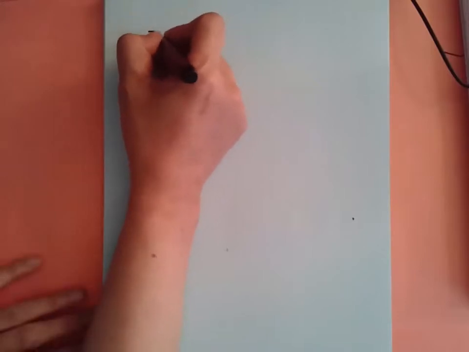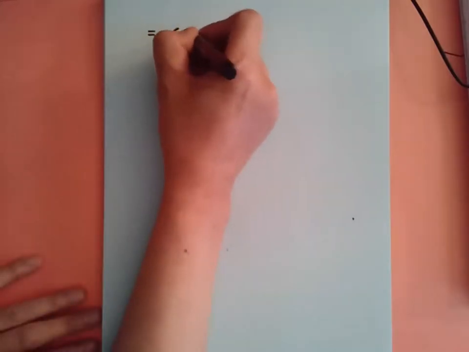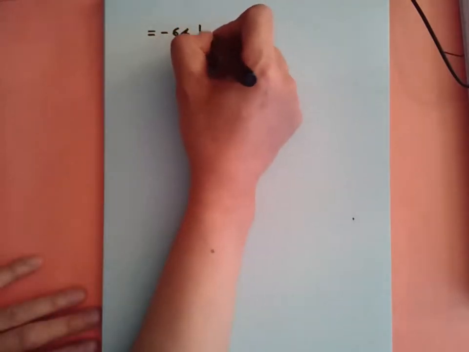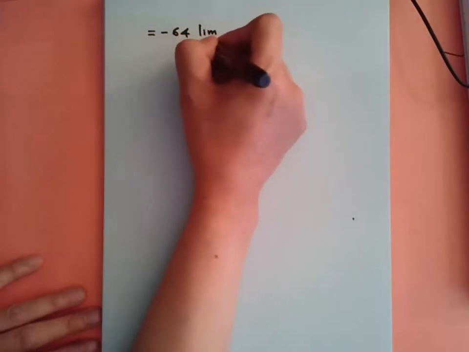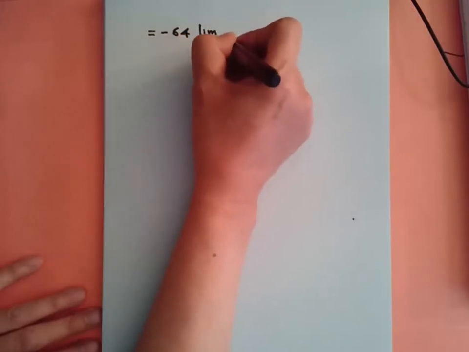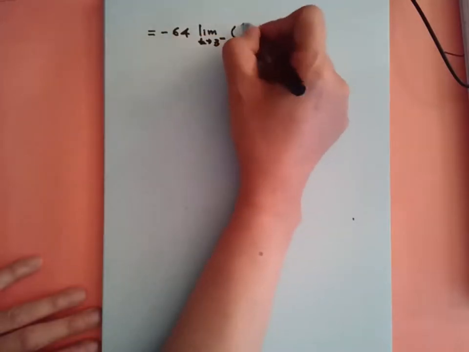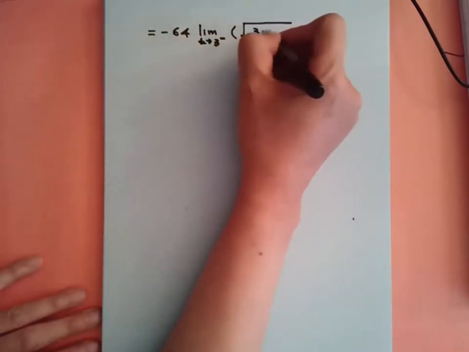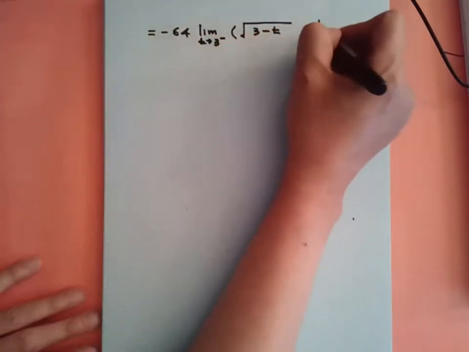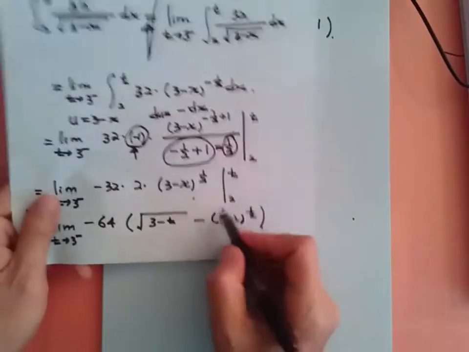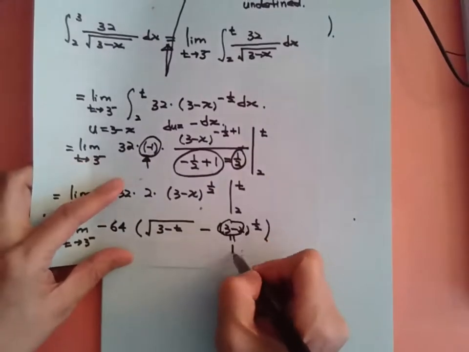And so that is minus 64 times the limit as t goes to 3 from the left of square root of 3 minus t minus 1. Because 3 minus 2 is 1.